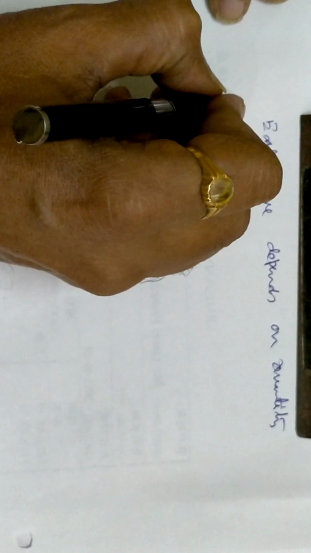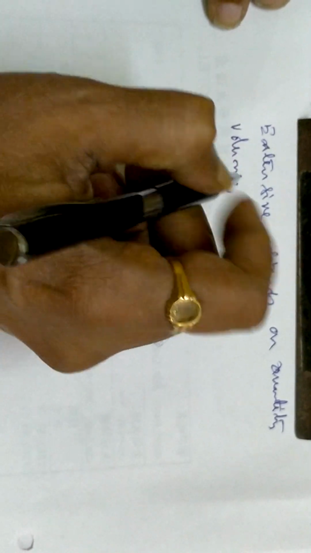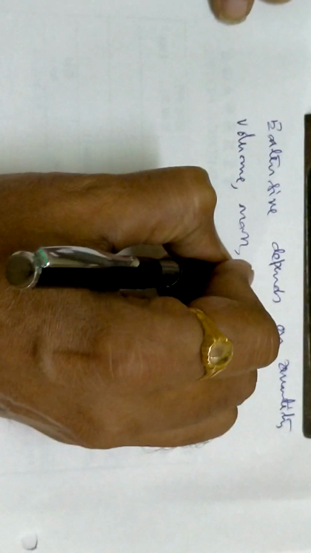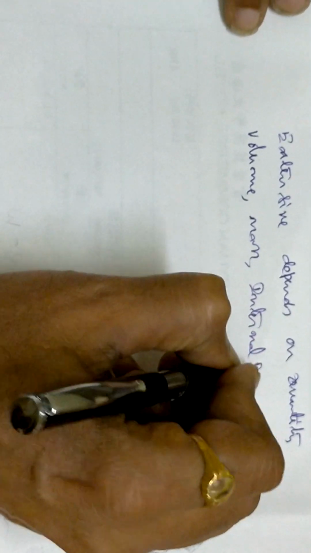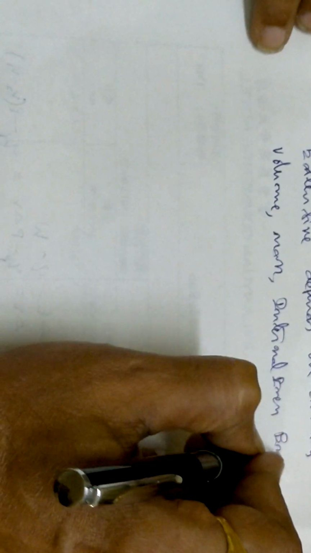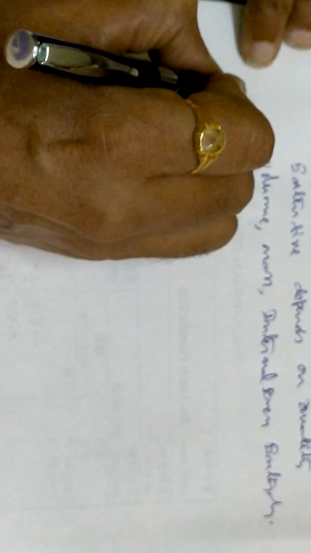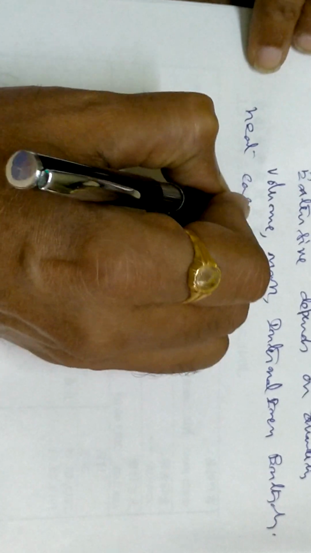For example, volume, mass, internal energy, that is delta U, enthalpy, which we have seen, and heat capacity. This was not studied, we will study heat capacity.